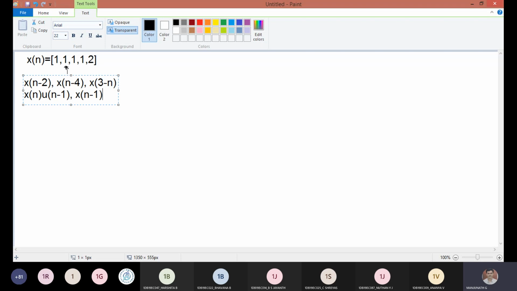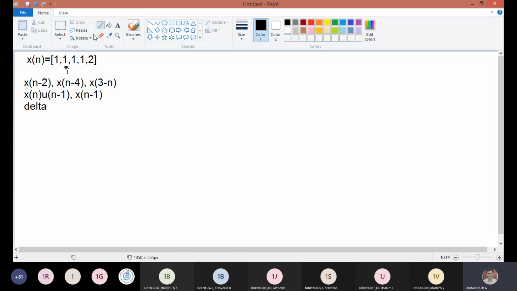So delta will be done like the symbol only. So delta of n. Is it visible what I wrote, everyone? So the fourth one is x of n minus 1, you have to do with delta of n multiplication. Then each will carry 2 marks. So you can see how many questions they have asked, that much into 2 you should do.